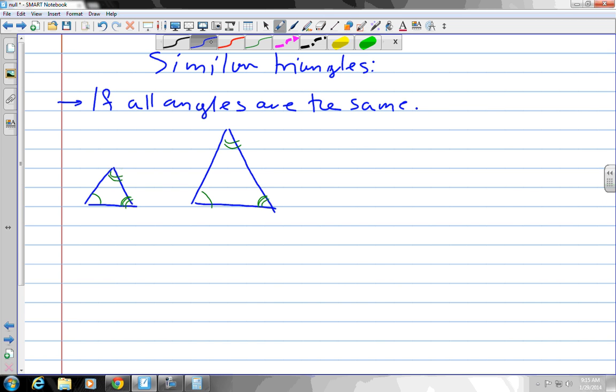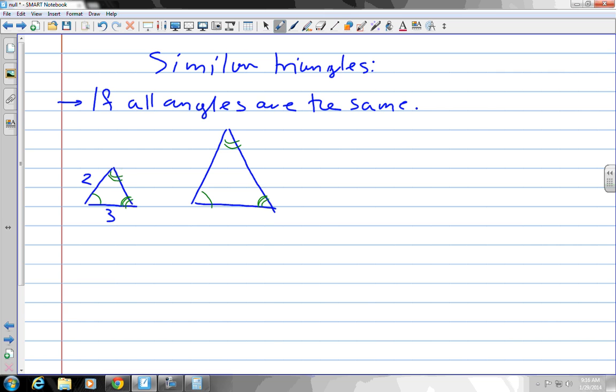But really, all we need to check are two angles, right? If two angles are the same, then the third angle has to be the same. Does that make sense? Because the sum of all angles is 180, so if the first two are the same, then the third one, almost by a pigeonhole principle, has nowhere else to go but to be whatever's left.